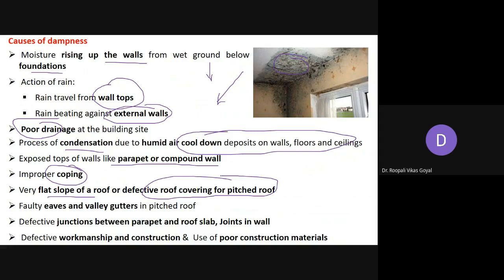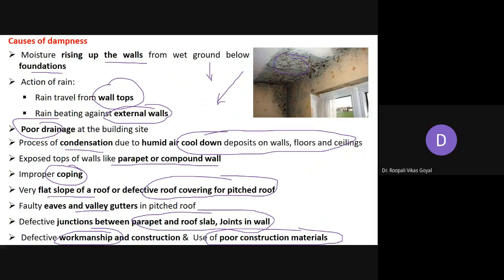Also faulty eaves and valley gutters in the pitched roof are responsible for causing dampness. Then defective junctions between parapet, roof slab or joints in wall may also cause dampness. If you are not having proper workmanship during construction and poor construction material, that can also cause dampness in the building. So there are varieties of causes that may be responsible for dampness in the building.